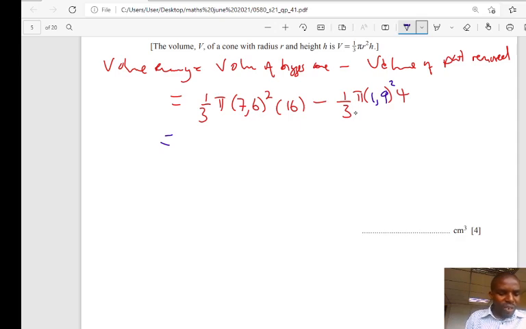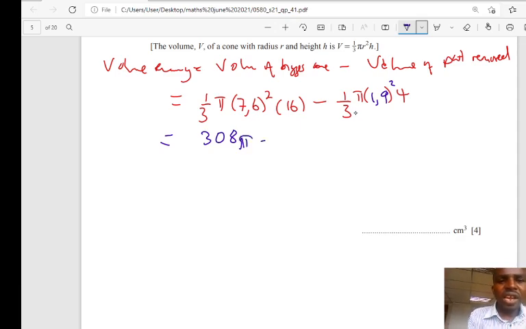You say 7.6 squared times 16 divided by 3, you get 308, that's to 3 significant figures.